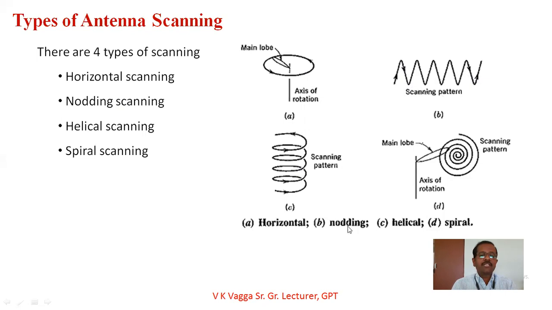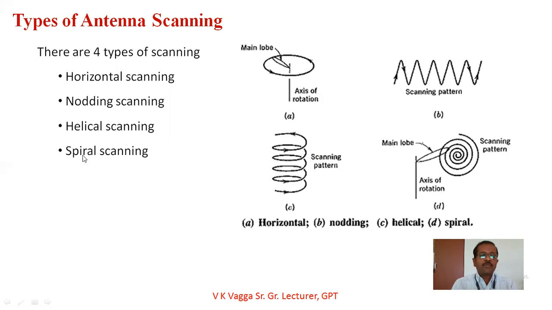Another one is helical scanning. If the rotation is the same as that of a spring, as you can see here, it is going to rotate in a circular fashion and move upwards. If it rotates in this way, it is called helical scanning.